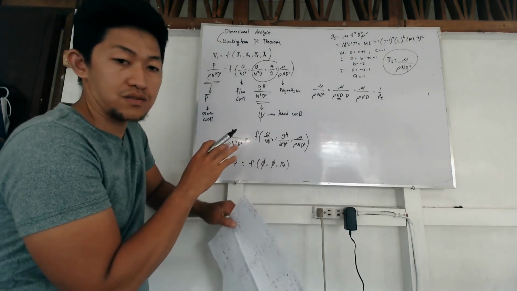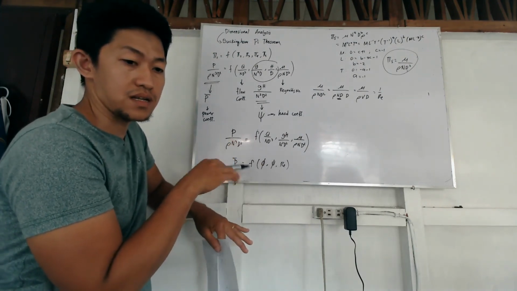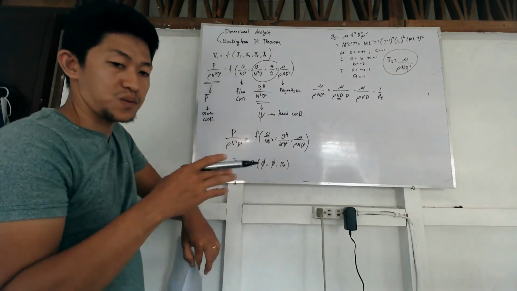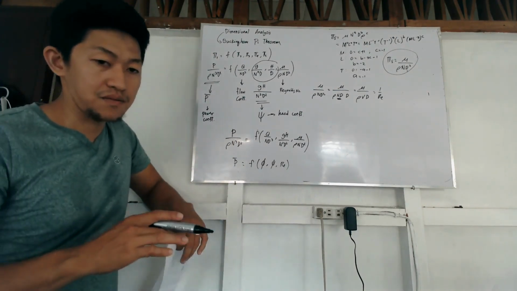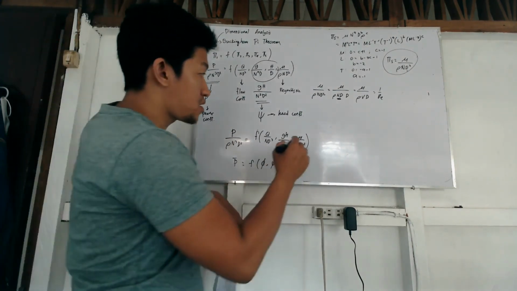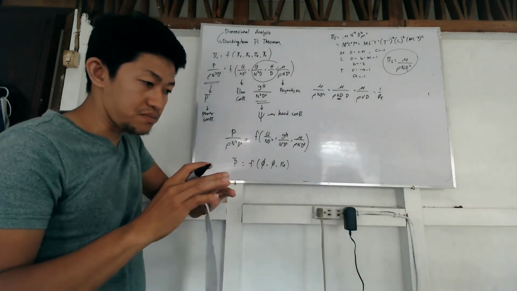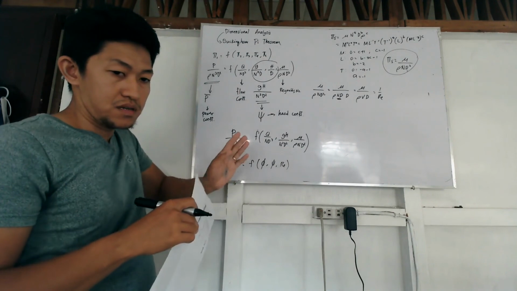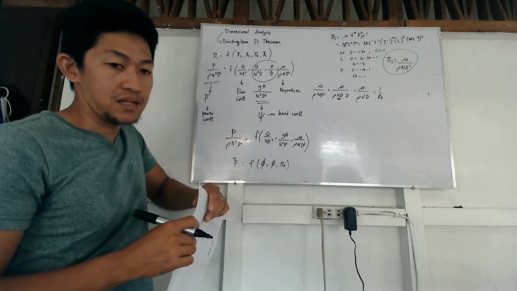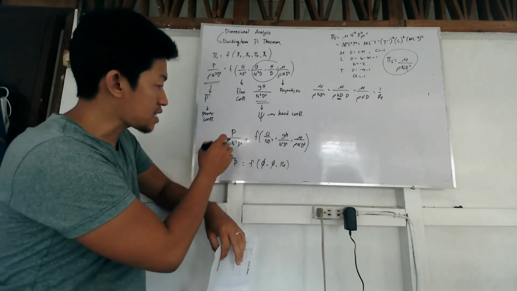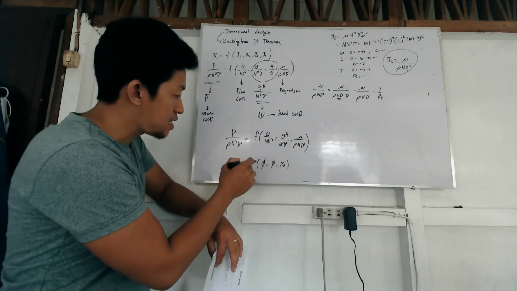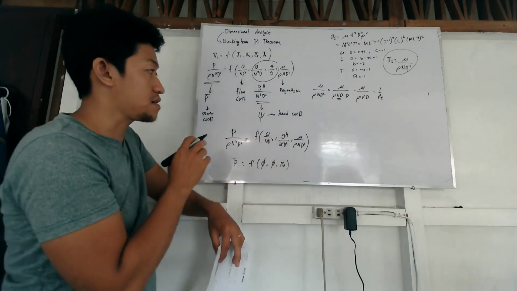Okay, so that is how you conduct a dimensional analysis. Dimensional analysis is useful, for example, to get the relationship between your dependent variable and your independent variables.